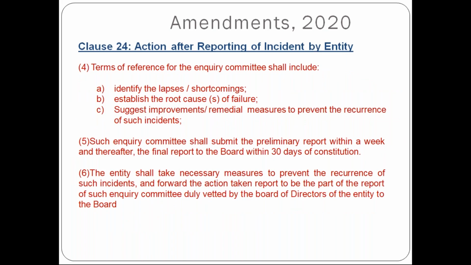And this whole process should happen in a very methodical, very structured way. The TOR for the committee should include the investigation findings, the identification of lapses or shortcomings, establishing the root cause of failure, and suggesting improvements or remedial measures to prevent recurrences. Such a committee will submit a preliminary report within a week and a final report within the stipulated time.